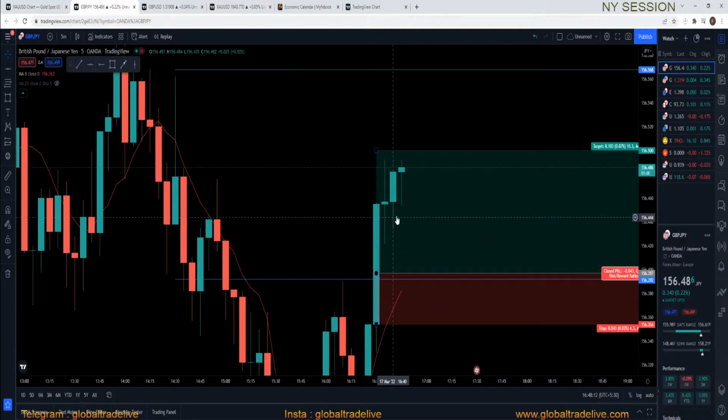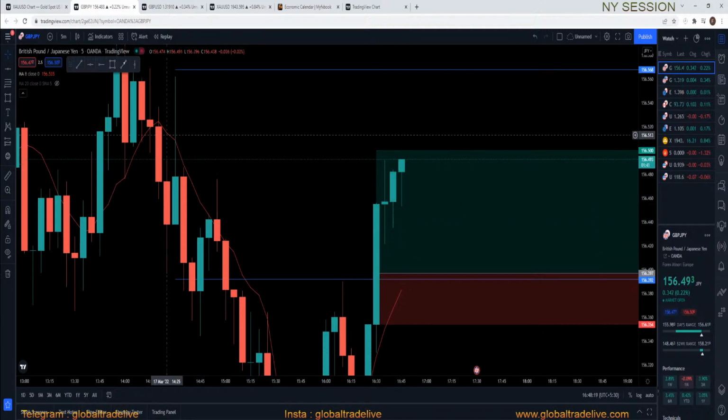Okay, so there's a rejection area. Candle went down, rejected this area. Yeah, this candle should be going up and fill this wick. We should be getting 10 pips now. 9.6. Oh, 9.6.